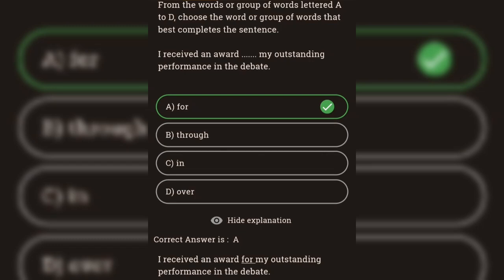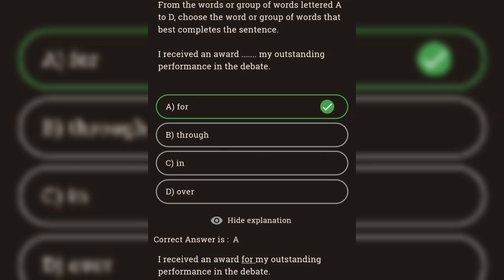So the award is like a reward for the speaker's outstanding performance. When you're giving a reward, you give it for something that was done. It's a compensation, a reward given as a result of an action that was initially performed. And that is why for is the right answer to give.